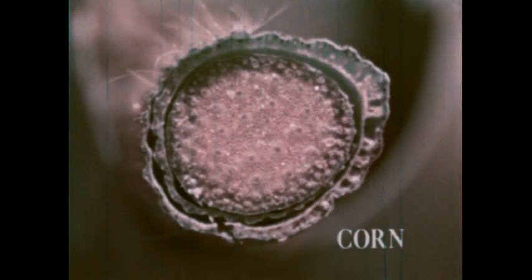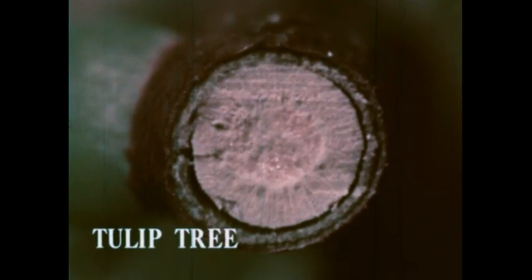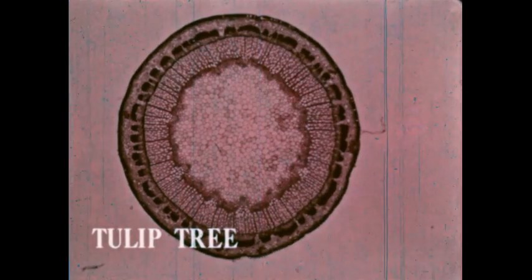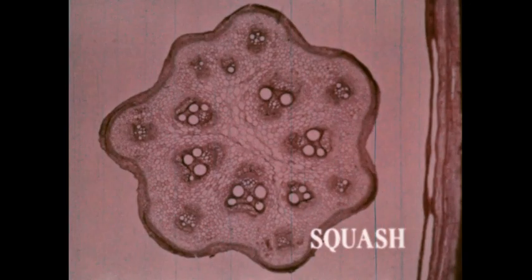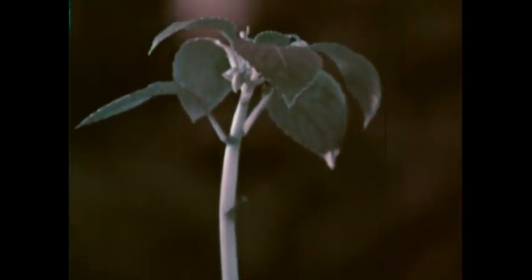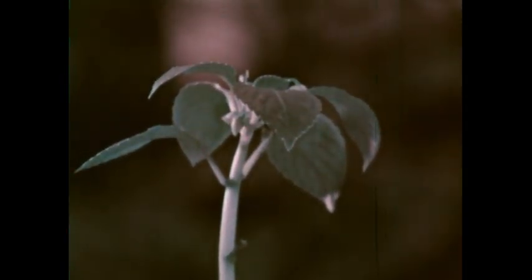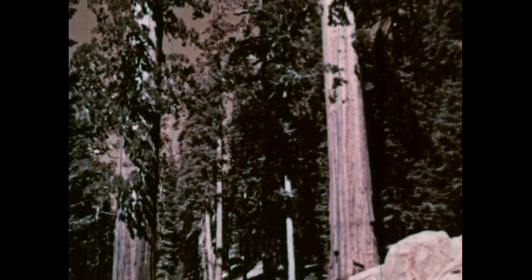The stems of different kinds of plants differ in their details. But whether the plant is only 6 inches high, like the jewel weed, or over 300 feet high, like these California redwoods, the stems carry water and minerals to where they're used and provide a framework for the plant.